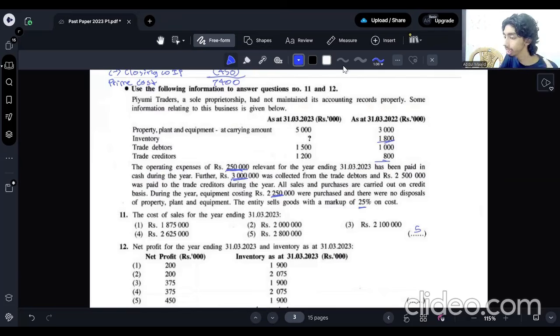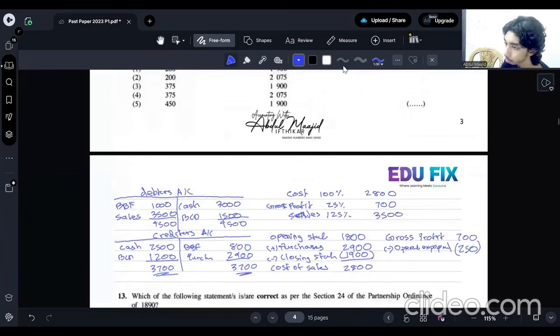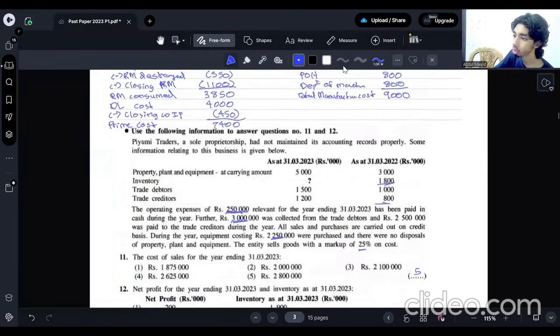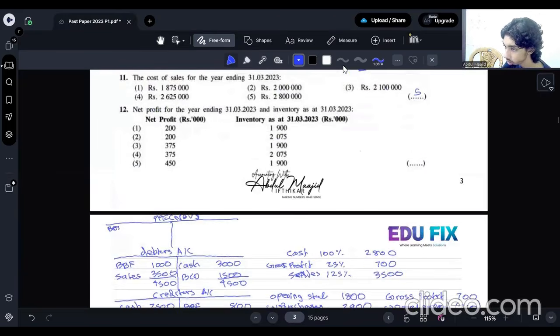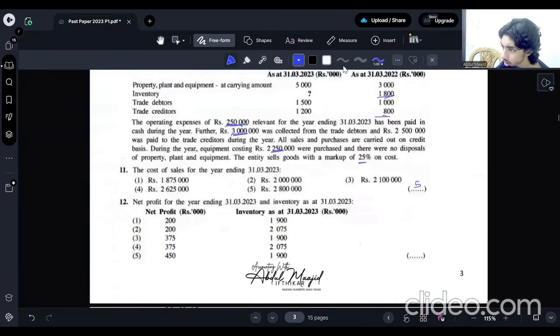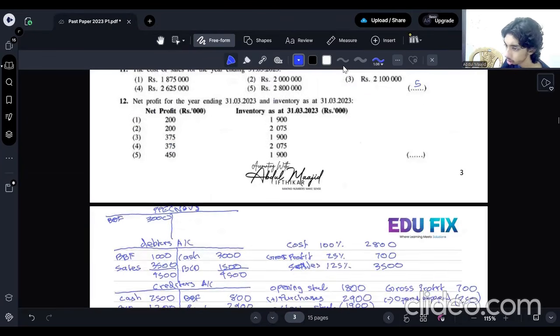You will have to calculate the depreciation by preparing a PPE account at net book value. At net book value means the depreciation is recorded in the PPE account itself, calculated at carrying value. So opening PPE balance carrying amount is 3000, balance b/d 3000. During the year, equipment costing 2250 was purchased, so debit cash 2250.